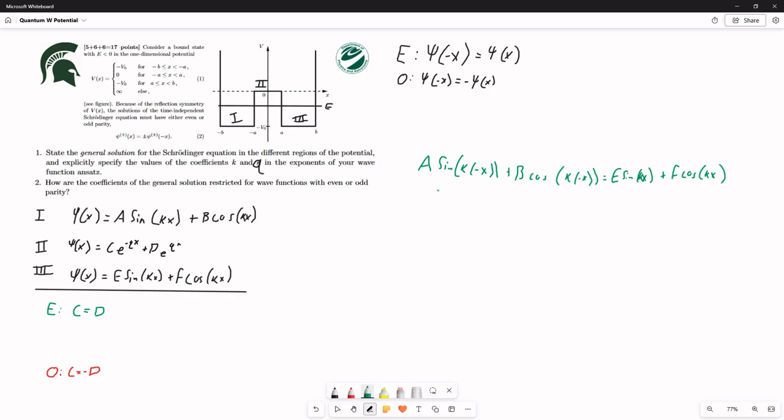And with this one, we'll have the signs, those need to cancel. So we'll have a equals negative e, and we'll have that b equals f.